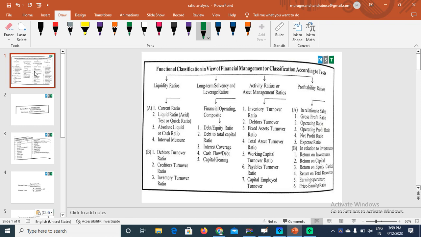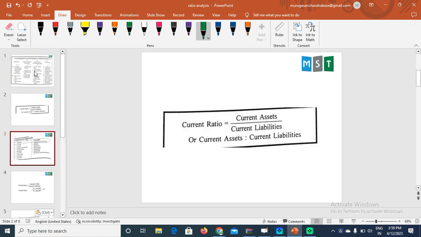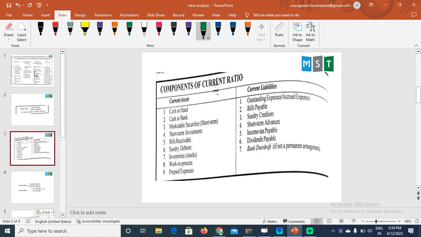Of this, the current ratio is the biggest, a very important ratio as far as the ratios are concerned. This will give you a clear-cut understanding. These are all the things which are included in the current assets: cash in hand, cash in bank, then marketable securities, that is, securities which can be encashed within a period of 1 year, then short term investment.